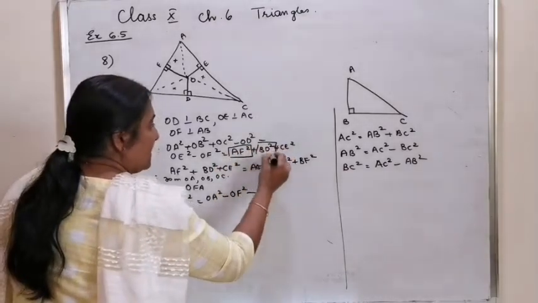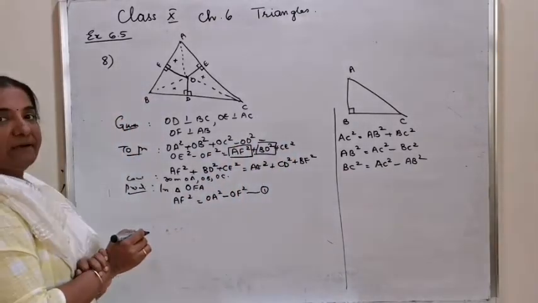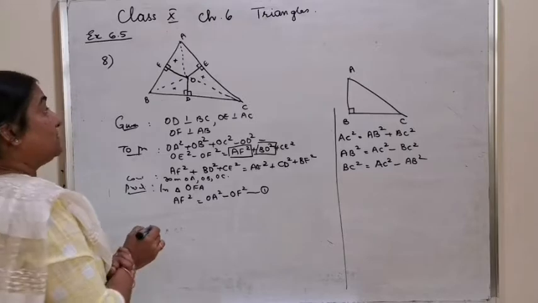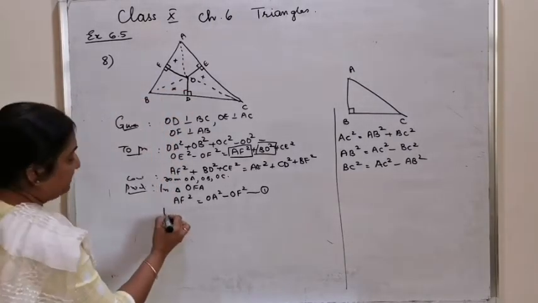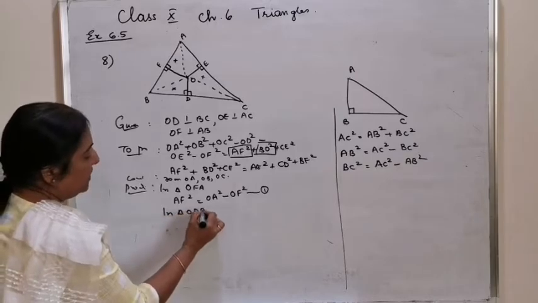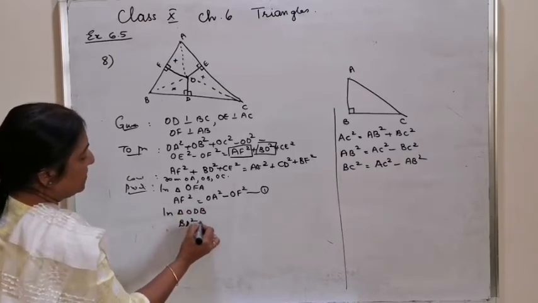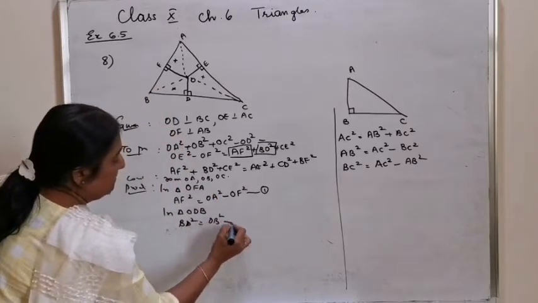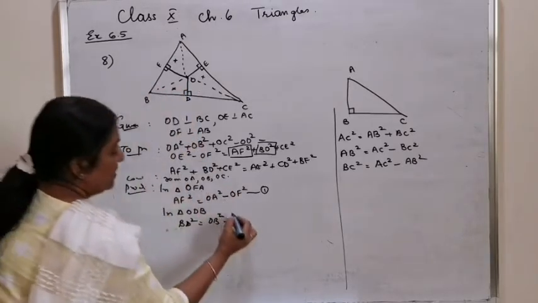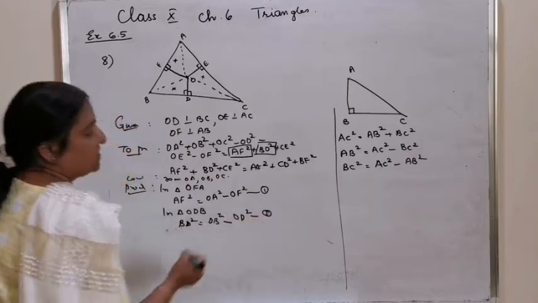Similarly, for the corresponding triangle, take the measure of BD square. BD square is in triangle ODB. In triangle ODB, BD square is equal to hypotenuse OB square minus OD square, where OD is the altitude, equation number 2.